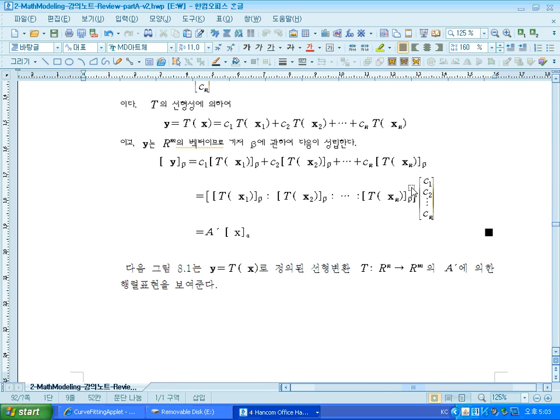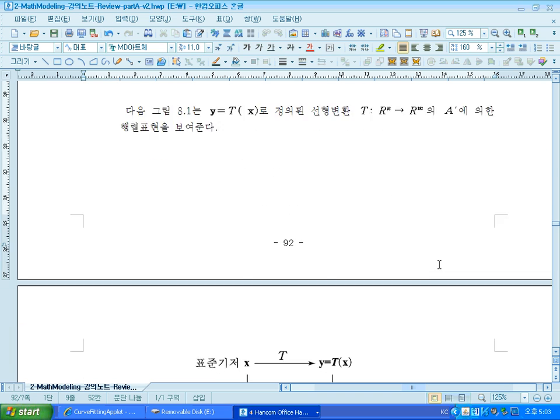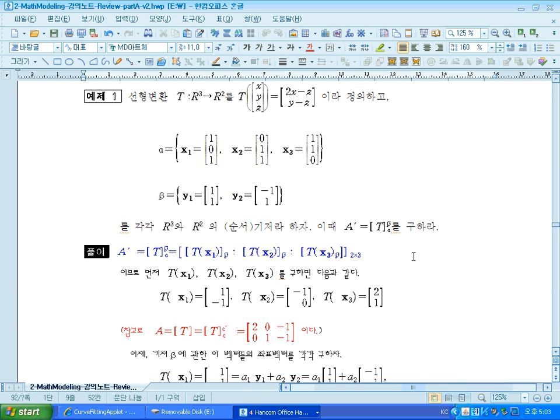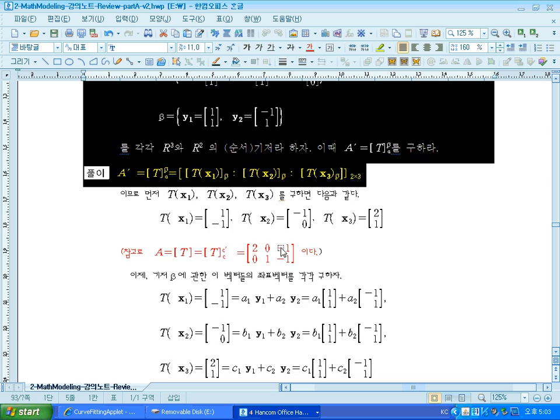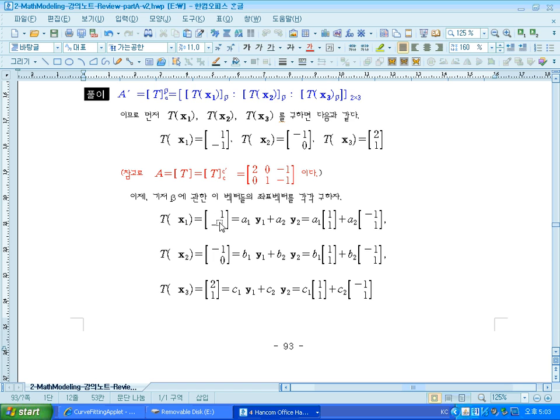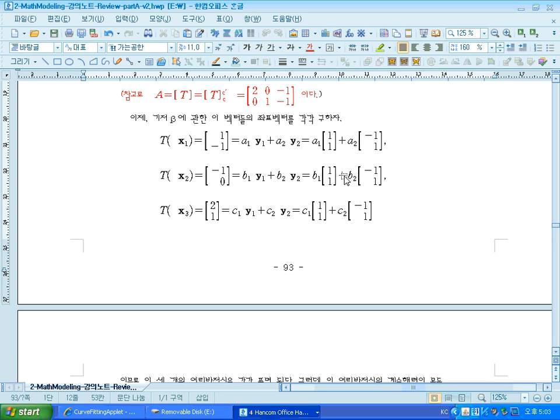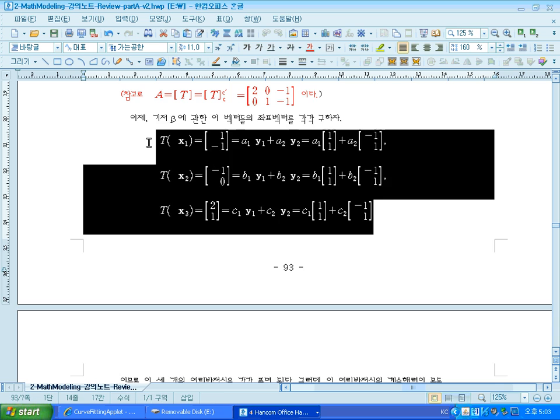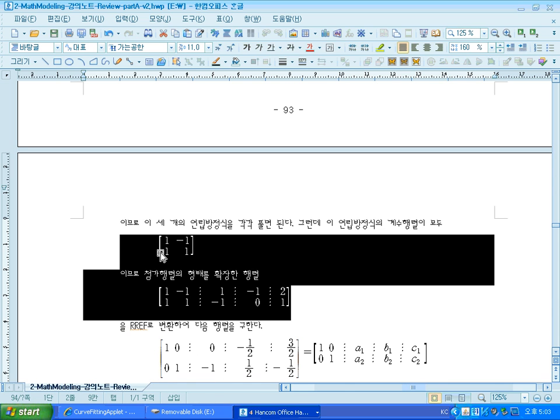But in the real problem, all you have to do is just solve the linear system of equations. You know, T of x1 looks like this. This should be written as a linear combination of yi's. All you have to do is find this a1 and a2, and b1 and b2, and c1 and c2. So if you combine all those, that's just solving the linear system of equations.